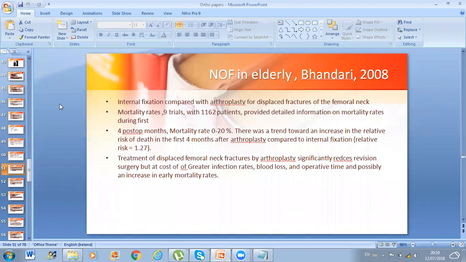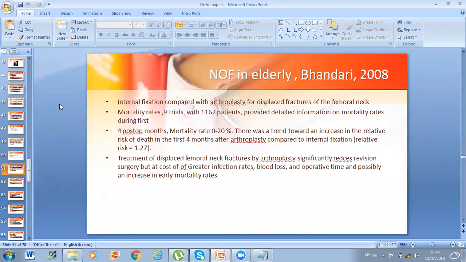So this is the paper I told you about, Bhandari, 2008, neck of femur fracture in elderly: internal fixation compared with arthroplasty for displaced fracture of femoral neck. He quoted mortality rates in 1162 patients, providing detailed information on mortality during the first 4 post-op months. Mortality rate was 0 to 20%.